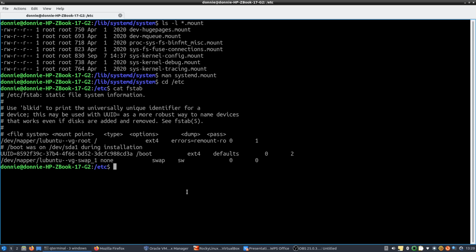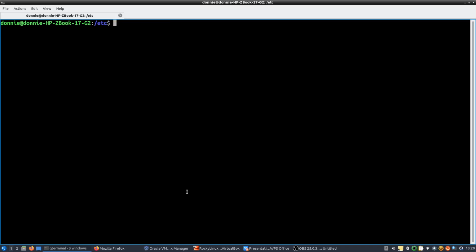All right. So anyway, what happens when we boot the machine is that systemd will read this fstab file and automatically convert this information into a dynamic mount unit file. The way we see that is we'll go into the /run/systemd/generator directory.